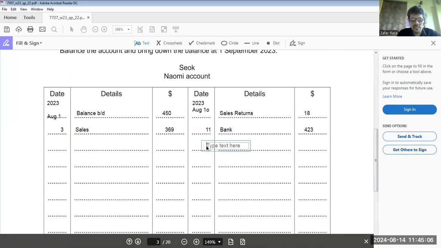Okay. On the same date, because she's not paying the full amount, we'll write here sales discount. That is how much? 450 minus 423. It means 27. We have allowed discount. Okay. Same date.